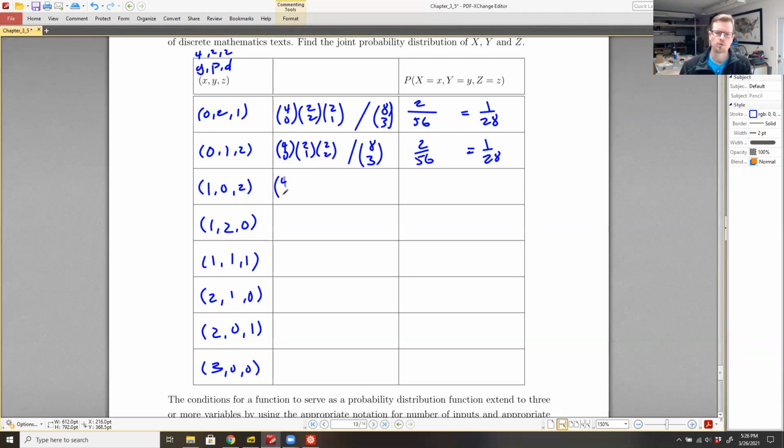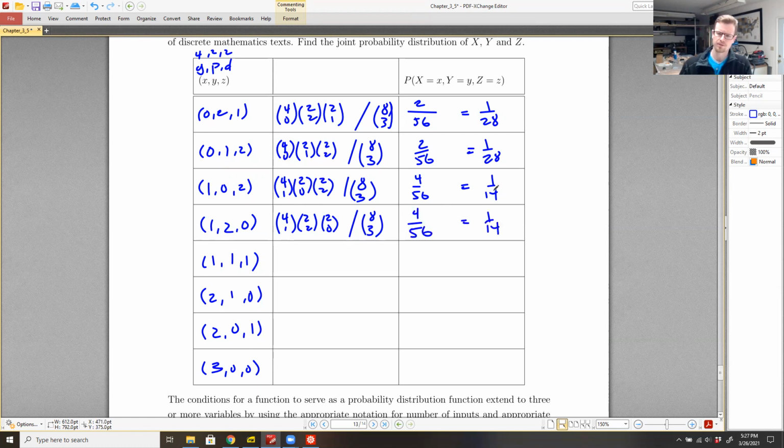And then 4 choose 1, times 2 choose 0, times 2 choose 2, divided by 8 choose 3, is 4 times 1 times 1, 4 over 56, or 1/14. Essentially the same computation here: 4 choose 1, 2 choose 2, 2 choose 0, divided by 8 choose 3, which again is 4 times 1 times 1, so 4 over 56 is 1/14.